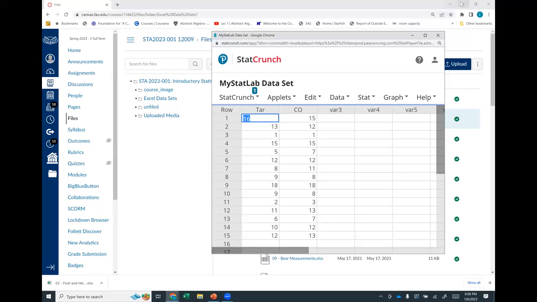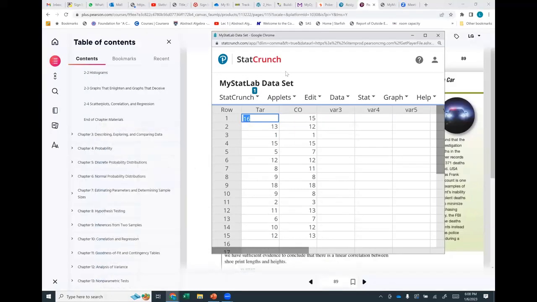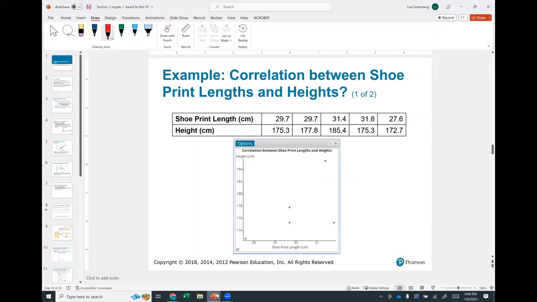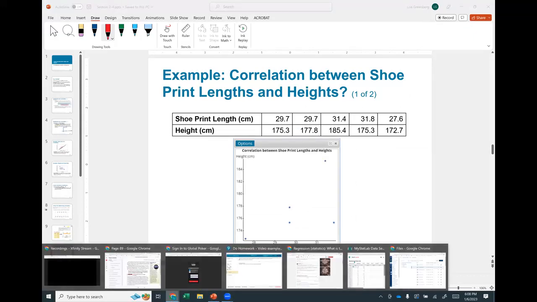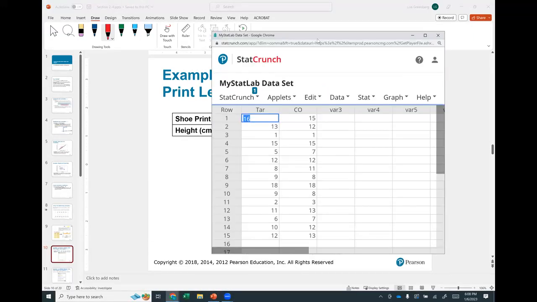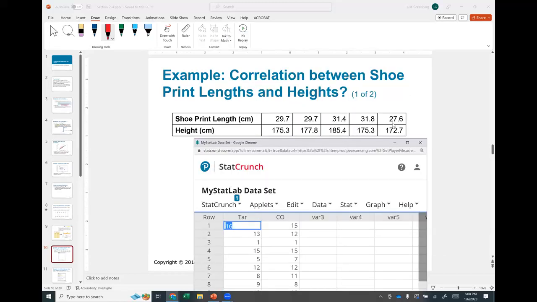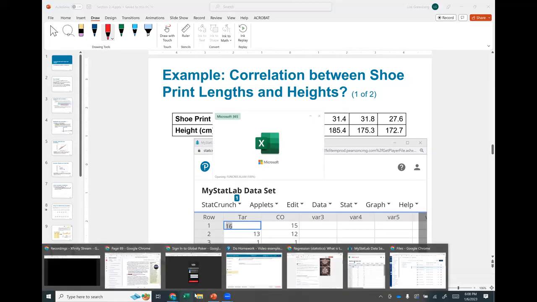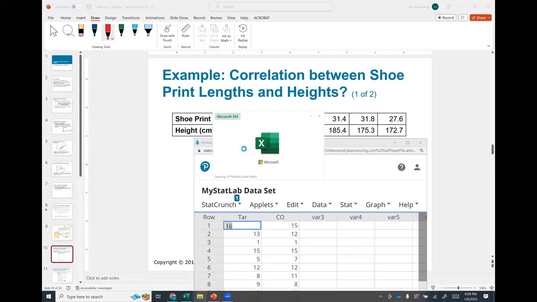And let me close this down. Yeah, actually where I wanted to be was here in StatCrunch. So what I want to do is I want to get these 5 data points. And I actually have a spreadsheet with those 5 data points, I believe.